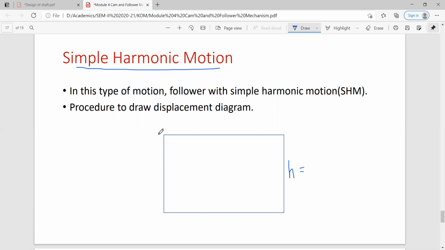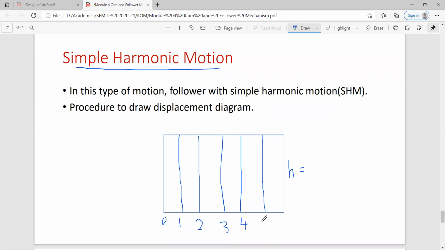After taking this, what you have to do: same as in constant velocity, where you divided it into 6 parts, divide the length into 6 parts here also. These are 2 parts. When you draw it with pencil and scale, that will appear in good shape. You number it 0, 1, 2, then 3, 4, 5 and 6.